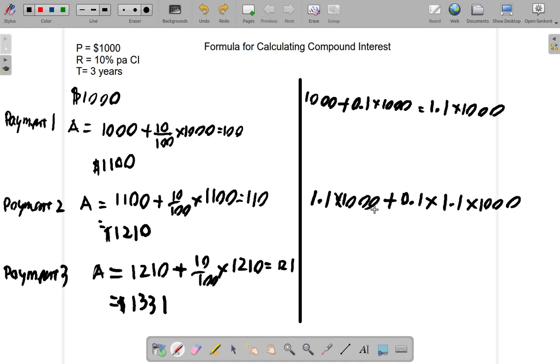All right, let's see if we can do some factorization. What common factors do we have here? We have 1000 as a common factor. So we can put it outside the bracket. Also 1.1 is a common factor. So 1000 times 1.1.